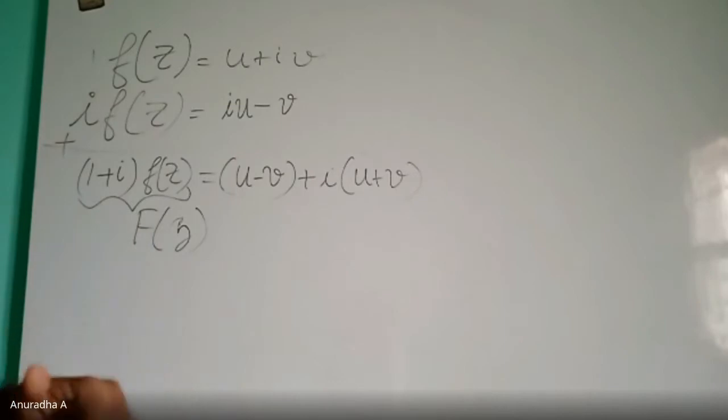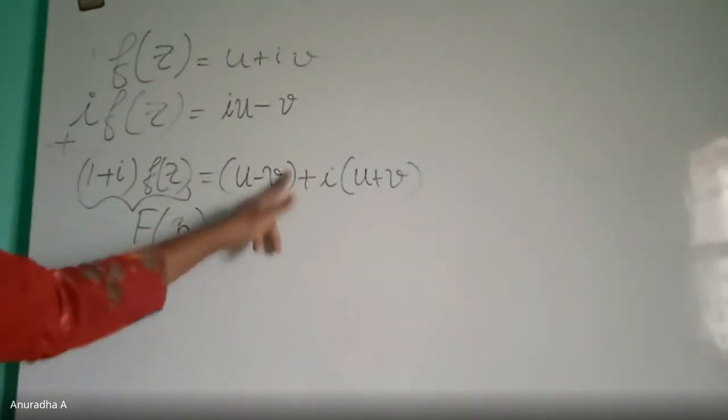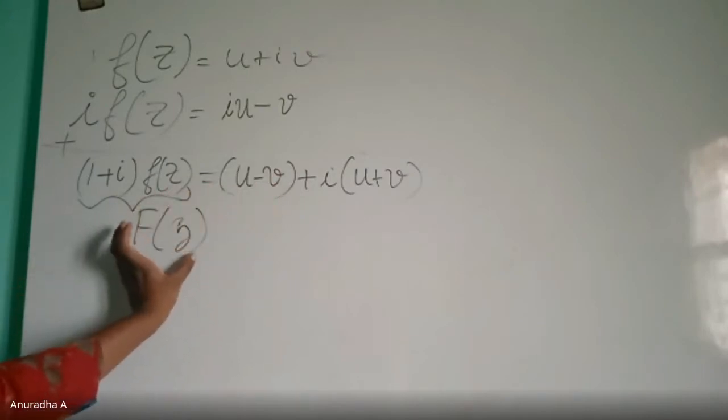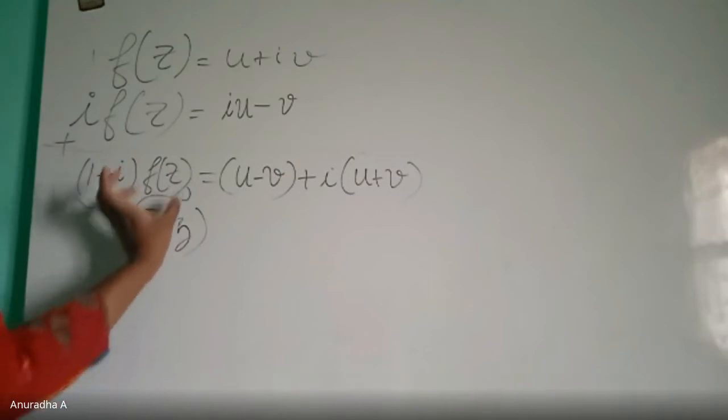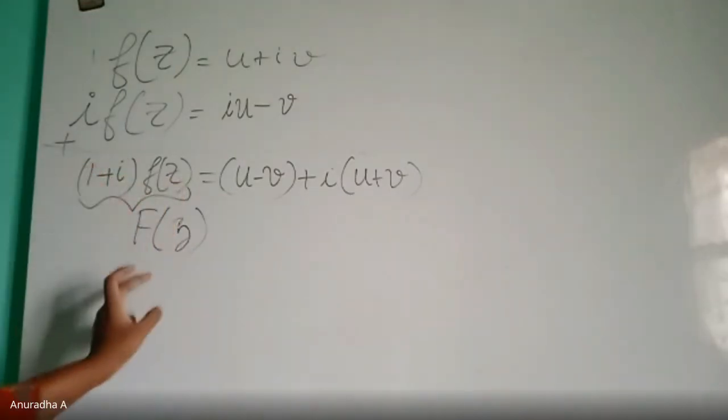So now, if your question is in terms of subtraction, you can take this as the question and find the solution for this. From here you just find f of z by dividing by 1 plus i.